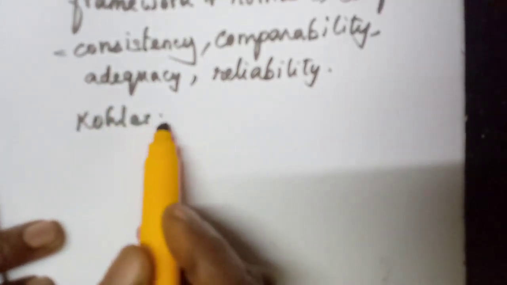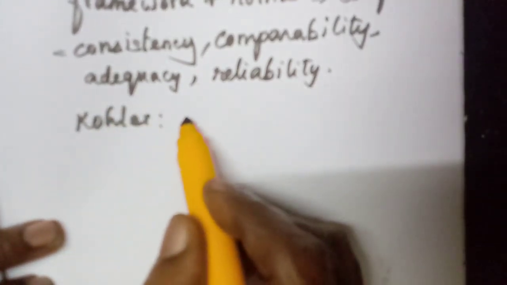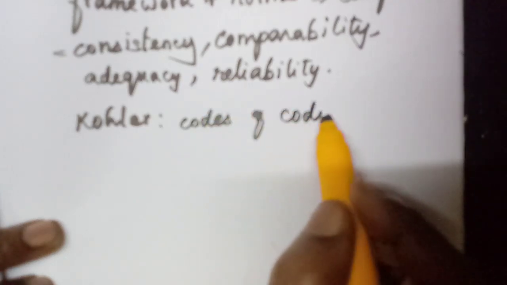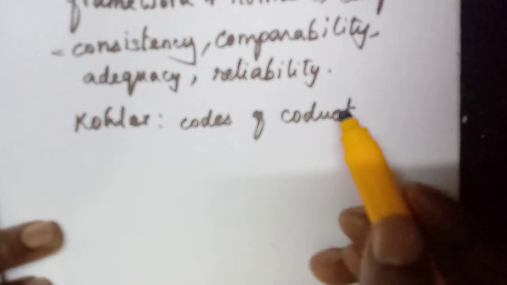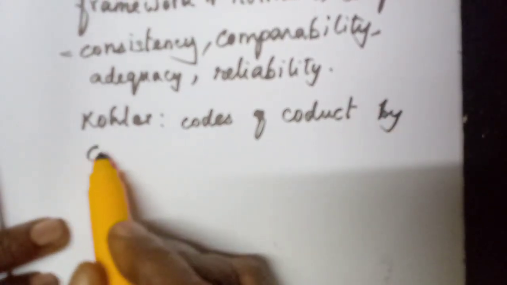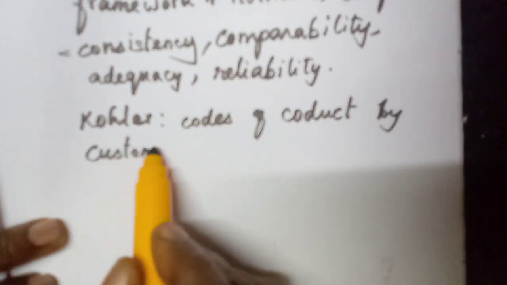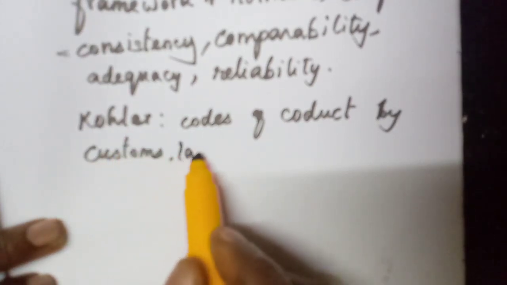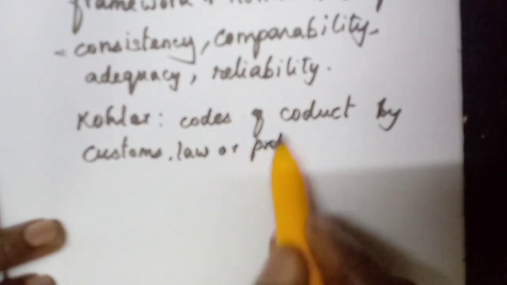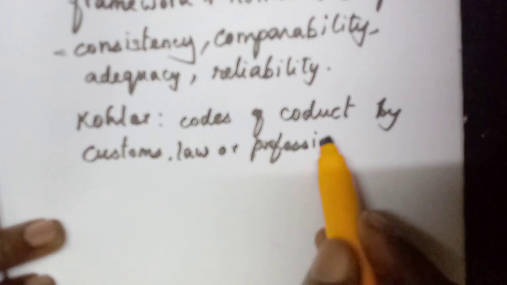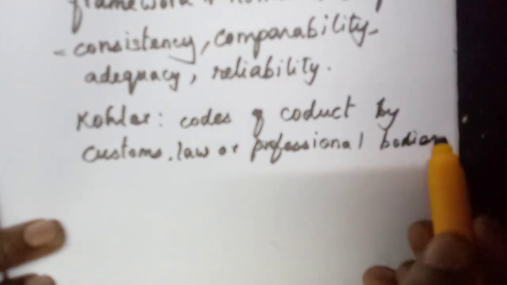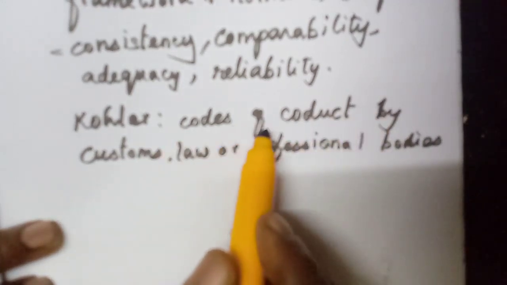Here one definition is given by Kohler. What he has said: accounting standards are codes of conduct, a code that should be followed. Code of conduct imposed by customs. Custom means our tradition or law. Some law will be there, or the professional bodies, maybe the regulatory bodies, will give some code of conduct.